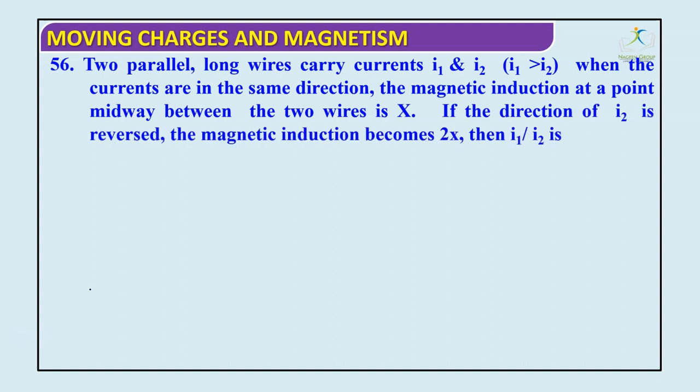When the currents are in the same direction, the magnetic induction at the point midway between the two wires is X. If the direction of I2 is reversed, the magnetic induction becomes 2X. Then I1 by I2 is 1, 2, 3 or 4. The correct answer will be 3.